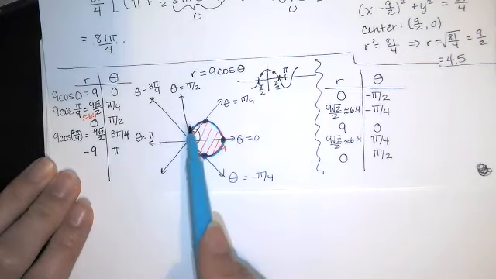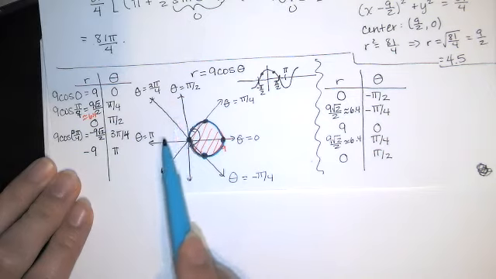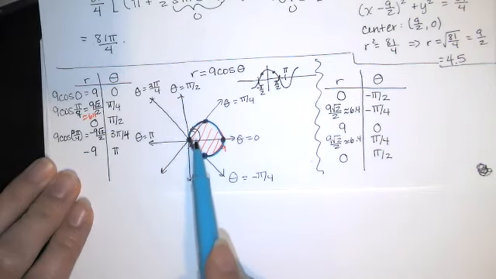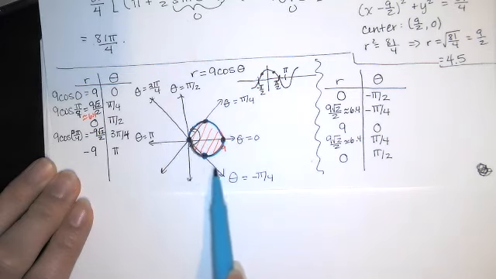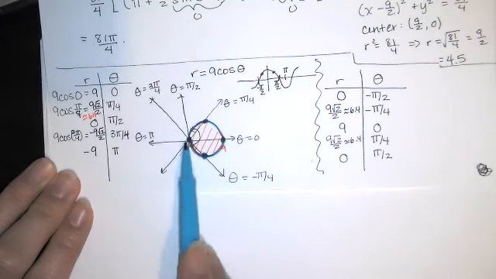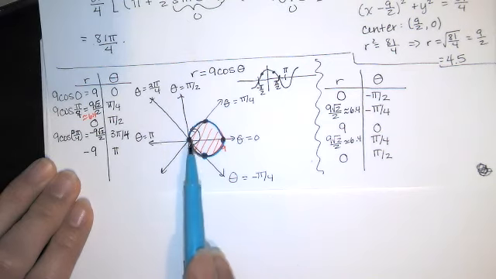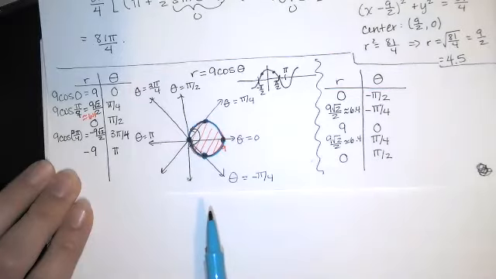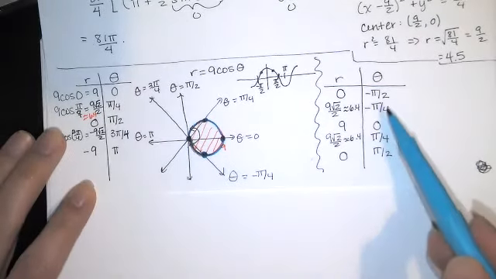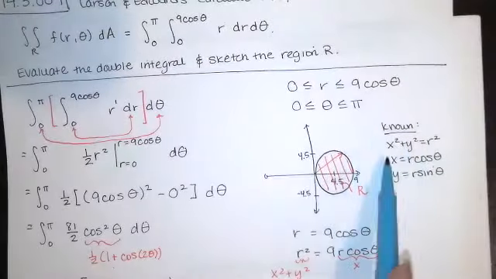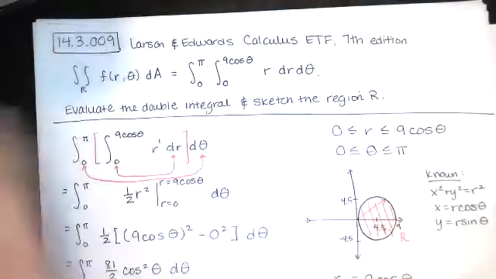All those R values were negative, so instead of giving us points over here, they actually mapped over here because we were going on the negative part of that line. We've got a line, and when r is positive, we go in the direction of theta. When r is negative, we go in the opposite direction. We sort of go backwards along that line. So 0 to pi will work, or negative pi over 2 to pi over 2 will work. They give you the same circle. And that is how we sketch the region R.